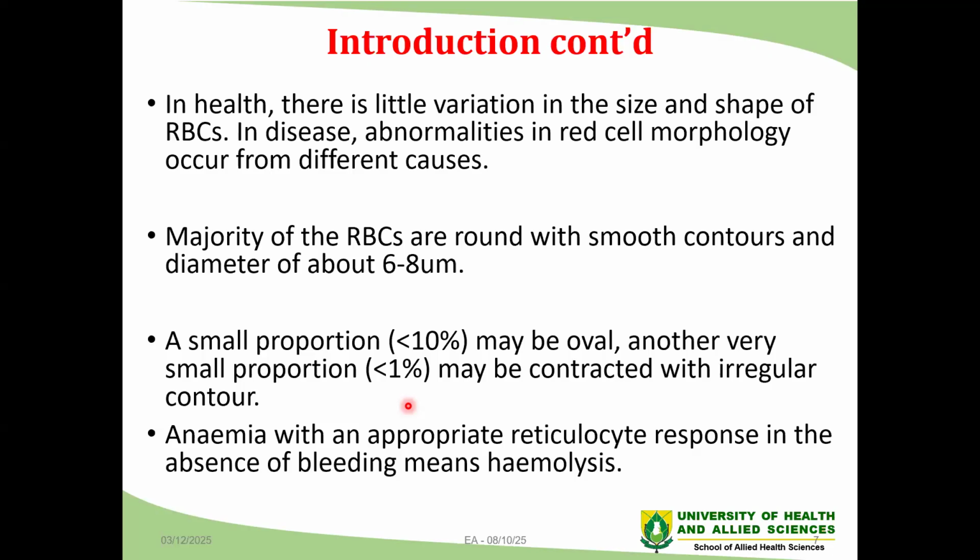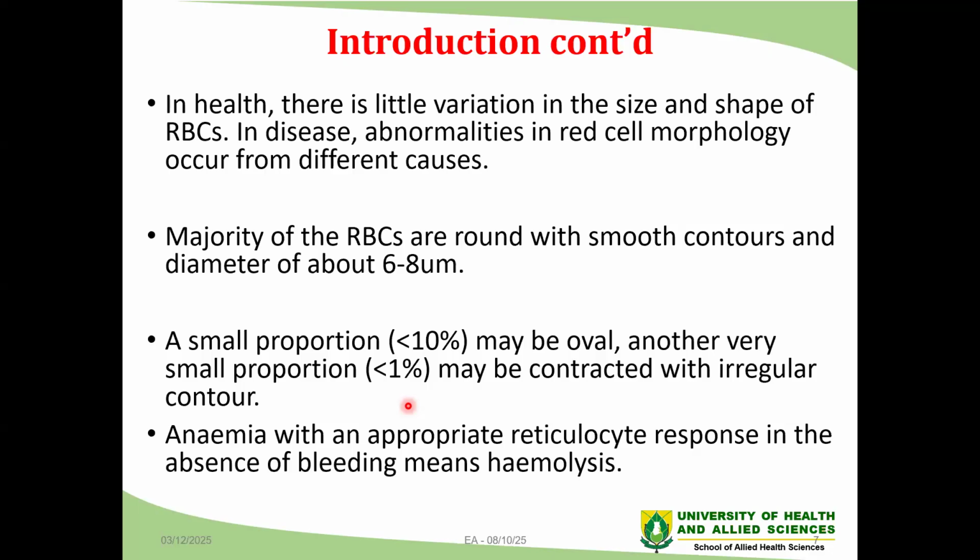In the blood film, when there is bleeding, some features would give you a clue that the patient may be undergoing bleeding. And if there is hemolysis too, there'll be signs you would see in the blood film that will tell you that the patient is hemolyzing. So if there's an appropriate reticulocyte response and you can rule bleeding out, that means that the cause of the anemia is likely to be hemolysis.